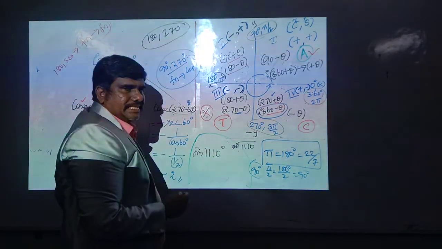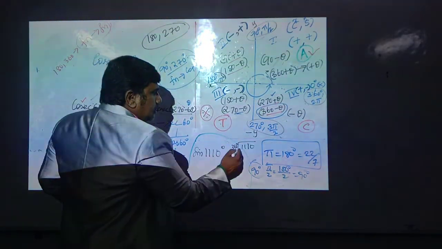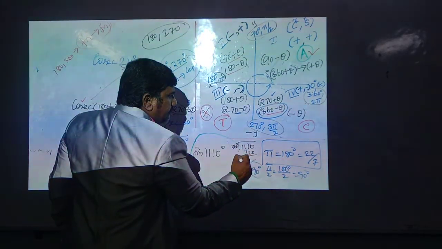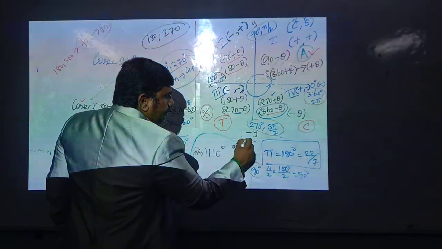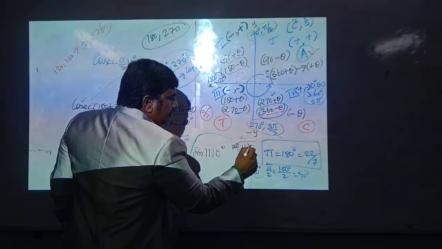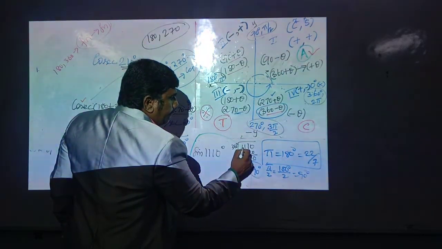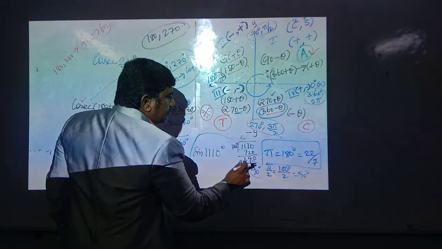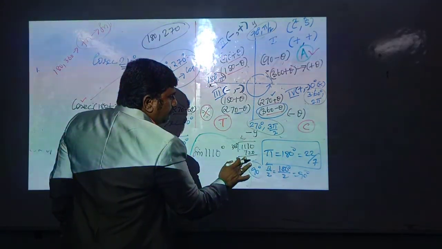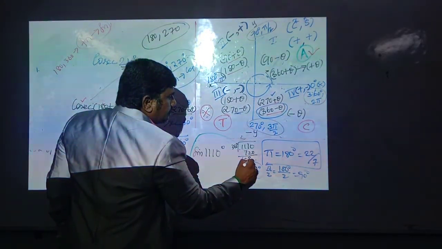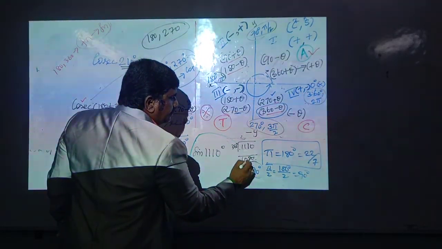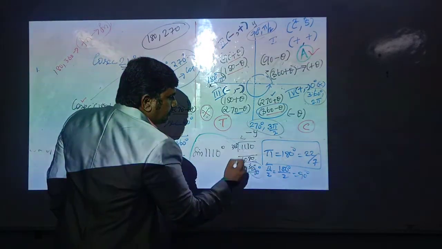How many 360s does it come to? Two 360s means 720, and the remainder is 390. So we can go for 3 times, and 3 times means 1080. If you subtract it, it will be 30 degrees.